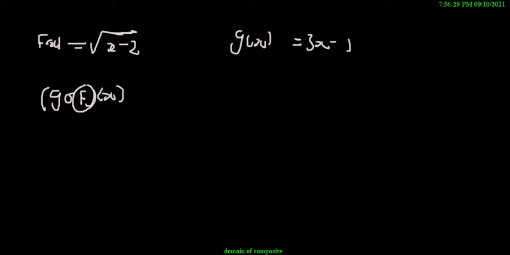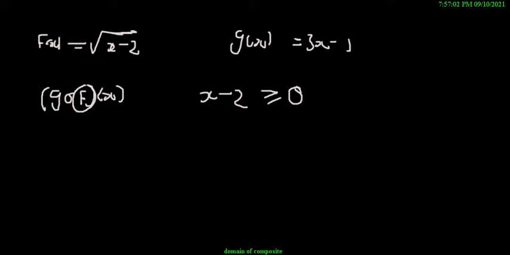In this case, f of x in gof is the second, so you start with f of x. You ask, what cannot work in f of x? We have x minus 2 with a root on top of it, so we know this must be greater than or equal to 0, because we don't want negatives here.